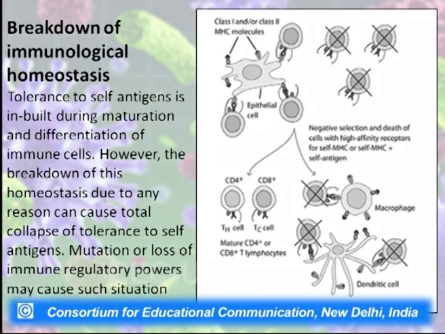Now, breakdown of immunological homeostasis. As I just said, tolerance to self antigen is inbuilt during maturation and differentiation of immune cells. We had discussed in our previous lectures how, during the process of immune cell formation, most of these lymphocytes go through a process called immune elimination.